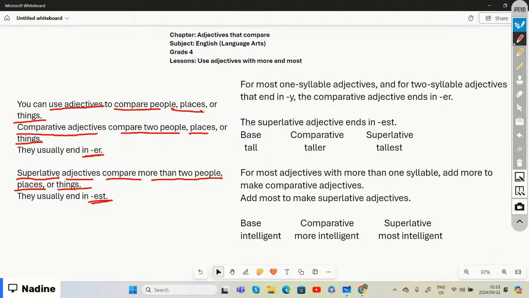All right. So for most one syllable adjectives, adjectives with only one syllable, like tall, short, and so on, and for two syllable adjectives that end in Y, the comparative adjective ends in ER.